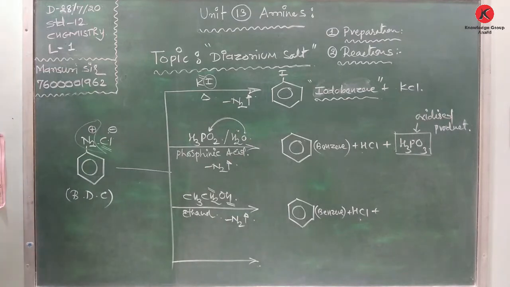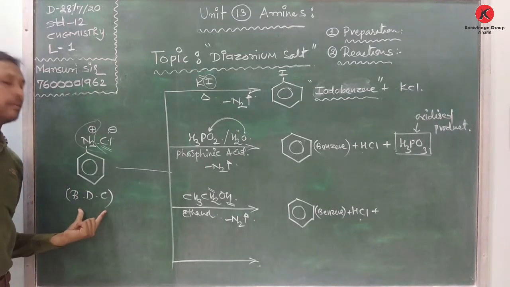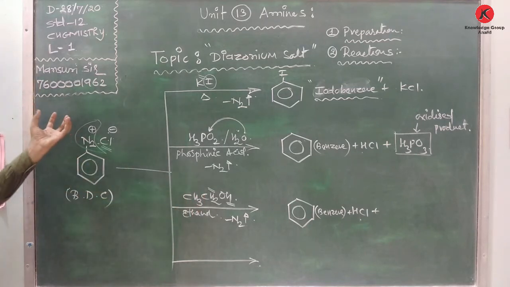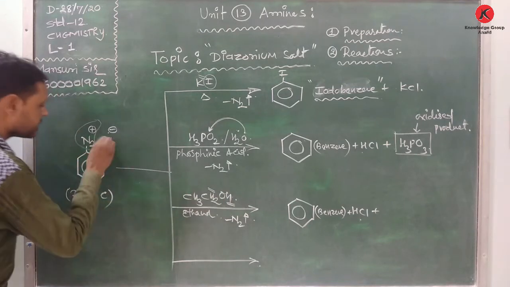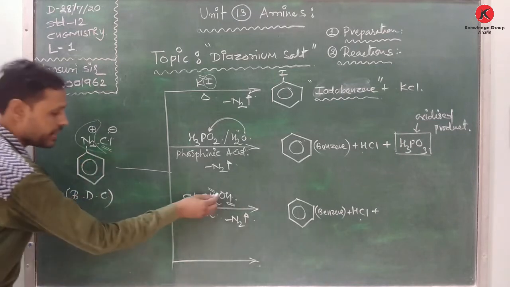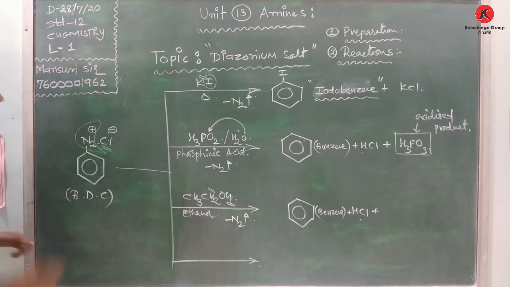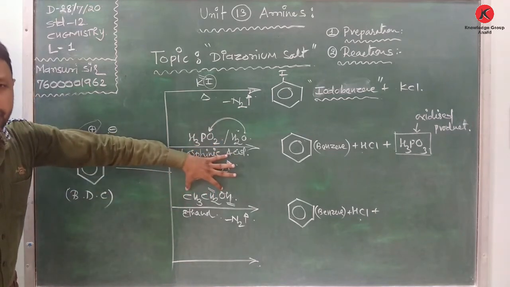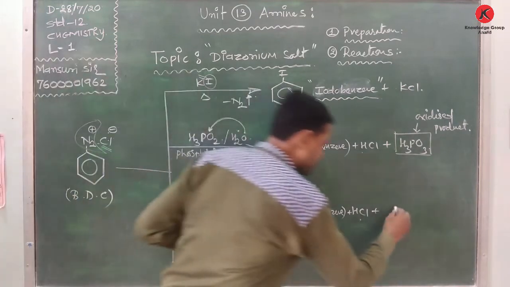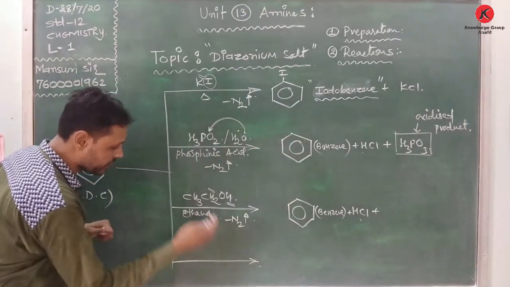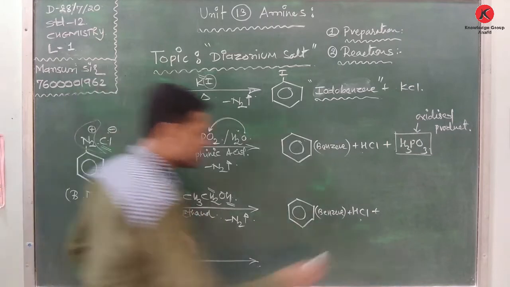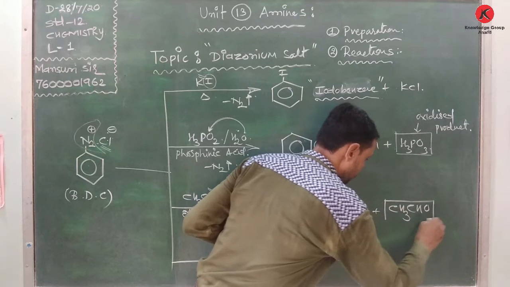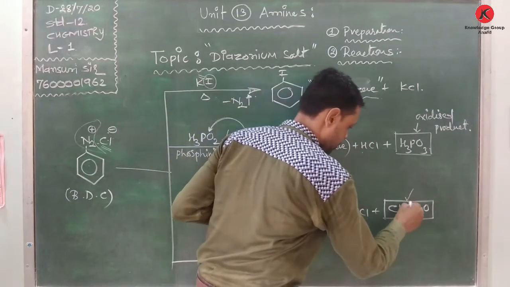Okay. So, in this reaction, benzene diazonium chloride reacts with ethanol. Then first of all, N2 gas will be liberated, H and Cl will be removed, and the remaining hydrogen will go toward this benzene ring. That means benzene will be obtained, and the remaining part of this compound will be CH3CHO, because here H is going, so the remaining part will be CH3CHO. This will also be my oxidized product.